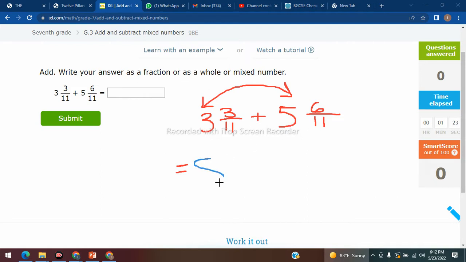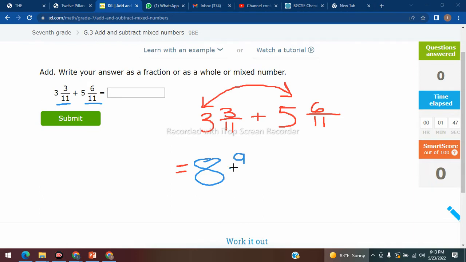So that's 8. Then we'll do the fractions, which are 3/11 and 6/11. They have like denominators, you see what I'm saying? And so it's going to be 6 plus 3, which is what?